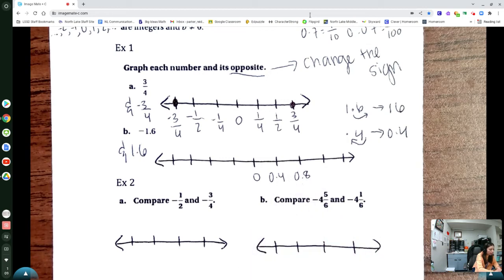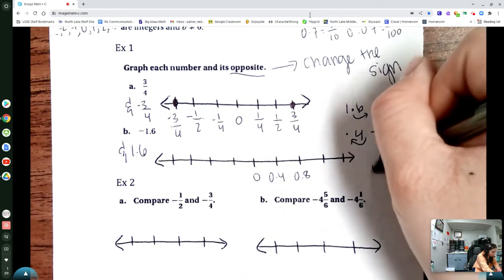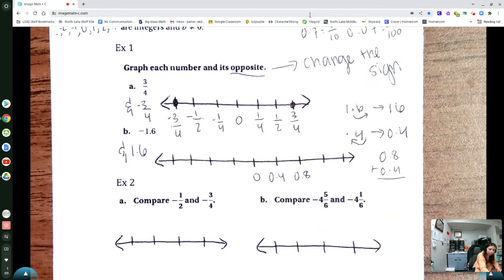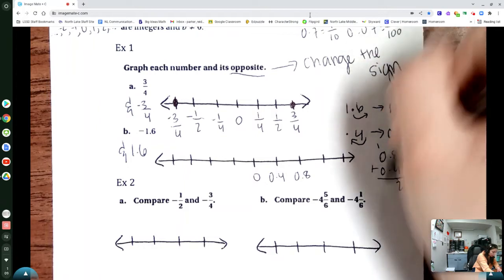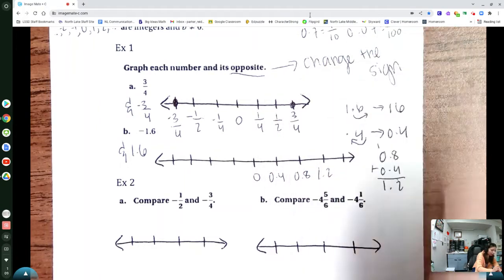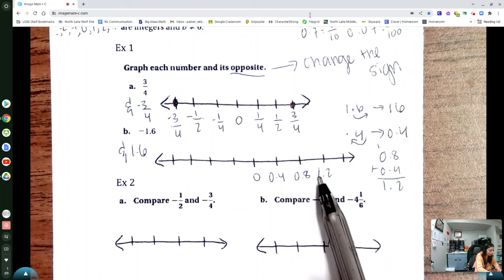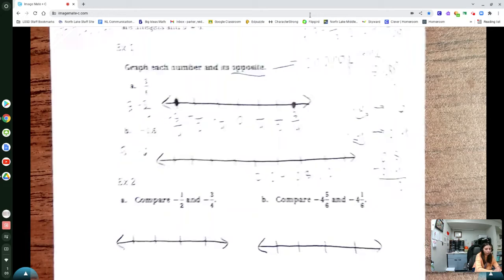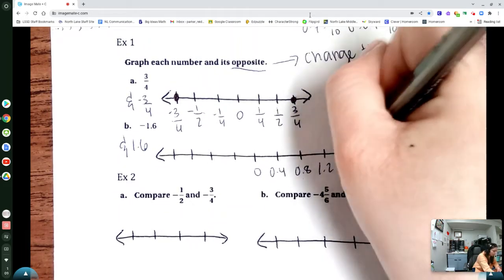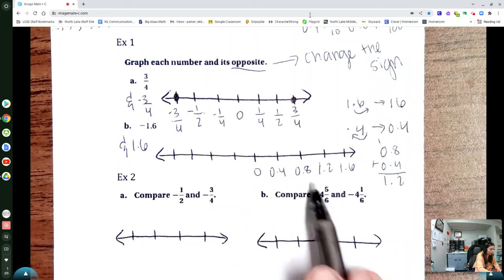It has a 1 in the tenths place, whereas these have a 4 and an 8. Let's calculate if I add 0.4 more. That would be 12, so I would get 1.2. That makes sense because 0.8 is only 2 tenths away from 1 whole. We still have 2 tenths remaining, so 1.2, 1 and 2 tenths. And then finally 1.6. It's like counting 4, 8, 12, 16, but again, there's a decimal in each one.